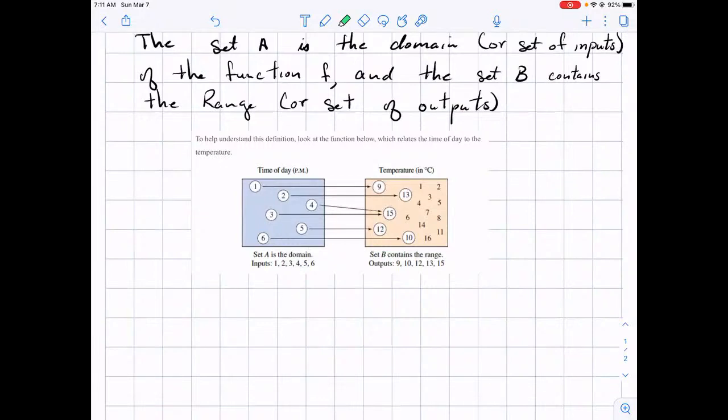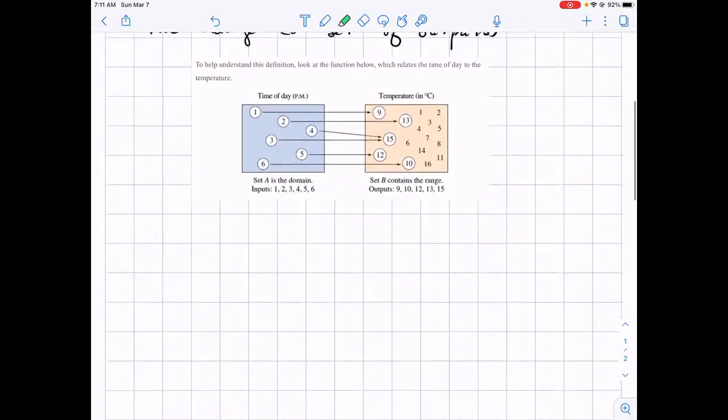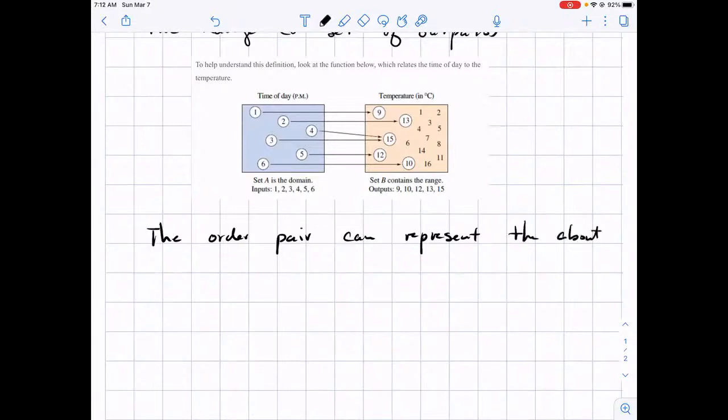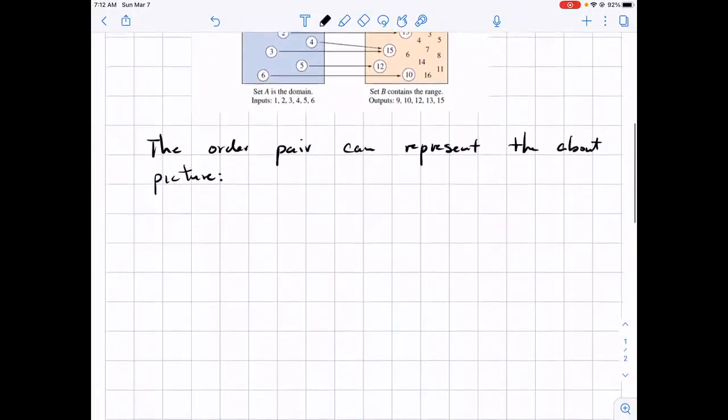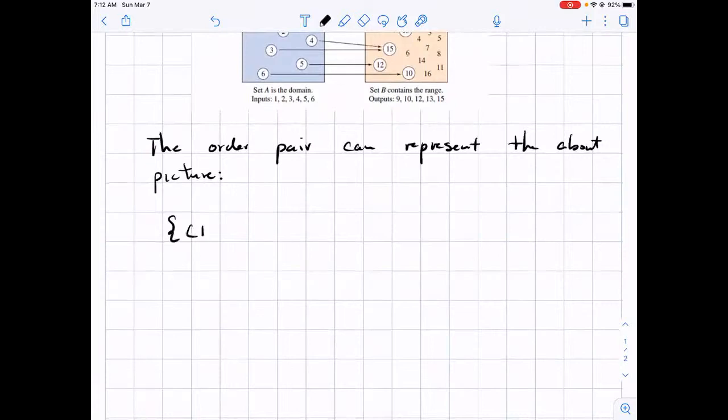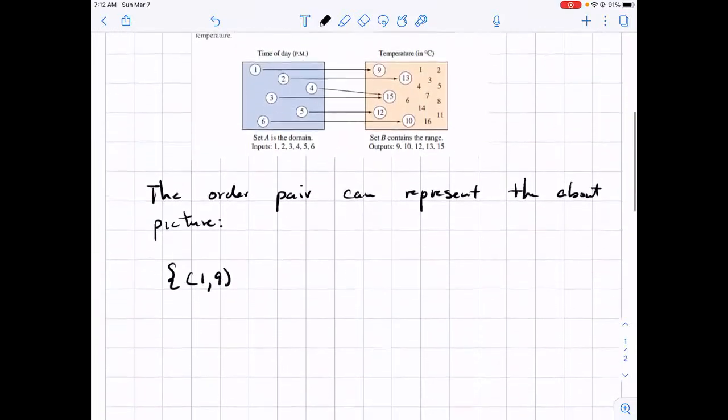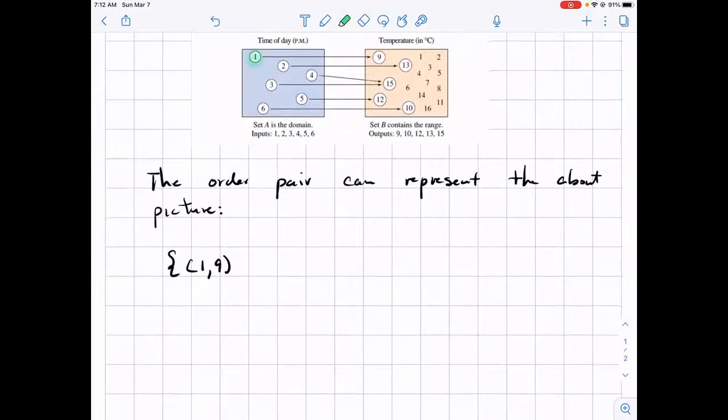Yeah. So the ordered pairs, if we look at this here, can represent the above picture. So we can have the set (1, 9), and that's because the 1 is mapped into 9.